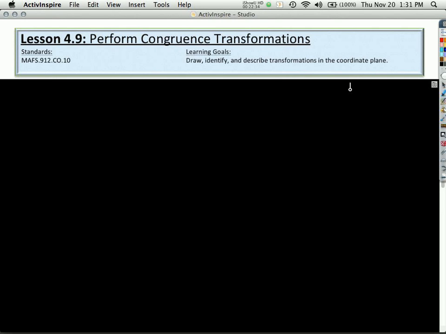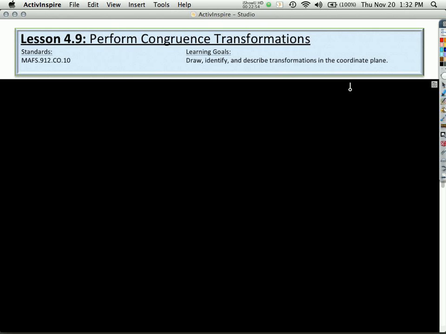So yesterday I reflected on the chapter as a whole, and we spent the majority of the time talking about triangles and how to prove them congruent. But we also took a quick little side trip towards the beginning of the chapter in which we introduced the idea of transformations. And we're going to go back to that today.